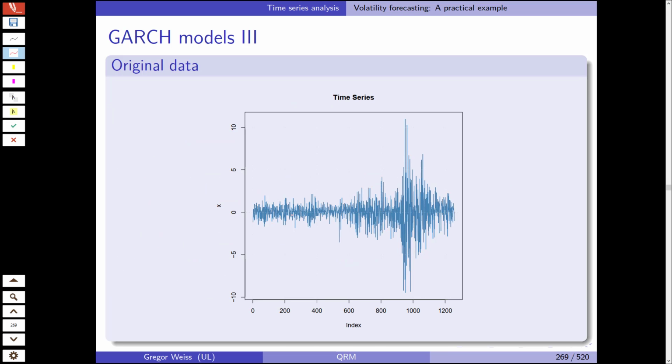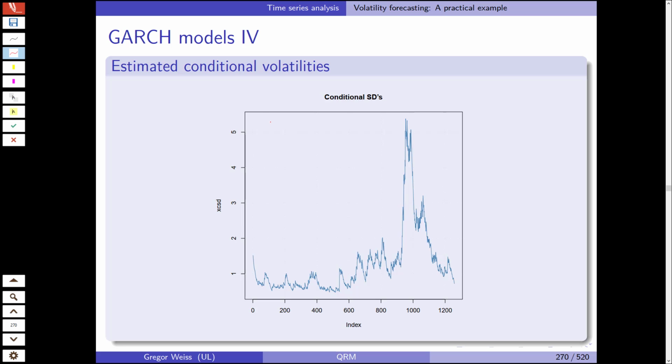So this is the original data for the S&P 500. These are the estimated conditional volatilities of the GARCH model with skewed t distributed innovations. Not surprisingly, the estimated conditional volatilities peak at this point. This is quite clearly the financial crisis.